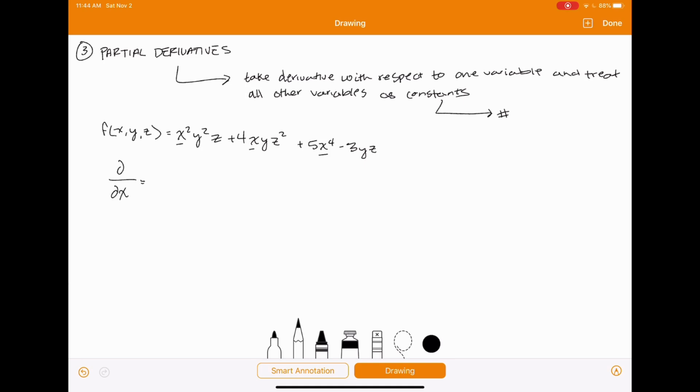Everything else you just treat as if it was a constant, like this number out in front here.